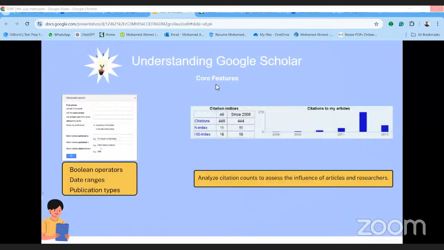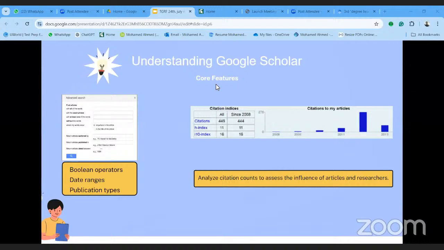Google Scholar provides several tools that help you find information relevant to your research question, and it allows you to narrow down the search results to what you need specifically. It helps you understand the impact of research, the impact of articles, and helps you refine your research question.